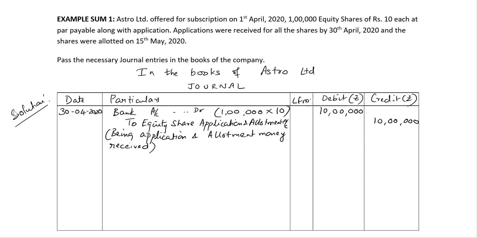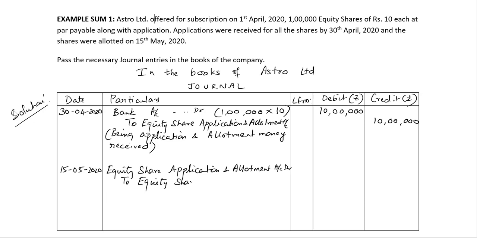The second journal entry is on the date of allotment of shares, which is 15th May 2020. On the date of allotment, the equity share application and allotment money will be transferred to the equity share capital account. Equity share application and allotment account debit to equity share capital account.